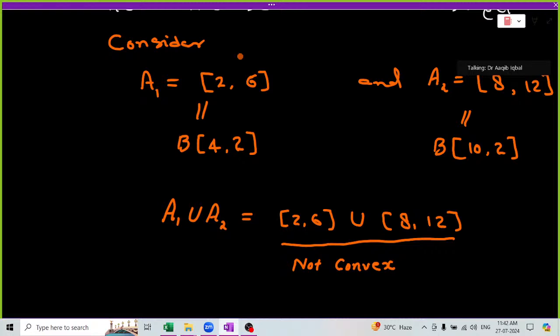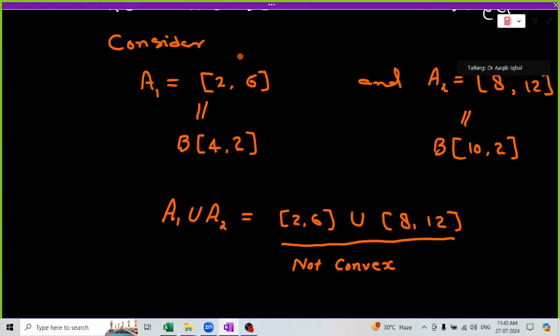Now balls are convex sets in R. Every ball in R is convex. है ना? Because R after all is a normed linear space, और normed linear spaces में जो balls होती है they are convex sets. ठीक. Admissible set can be written as intersection of balls.